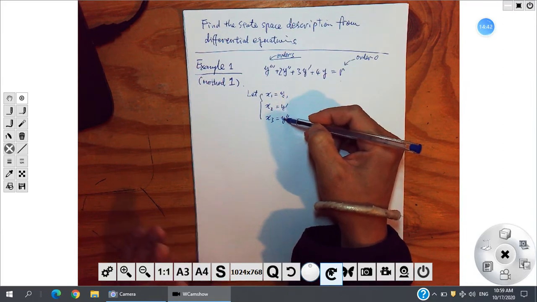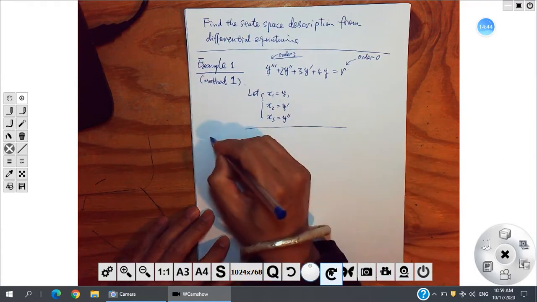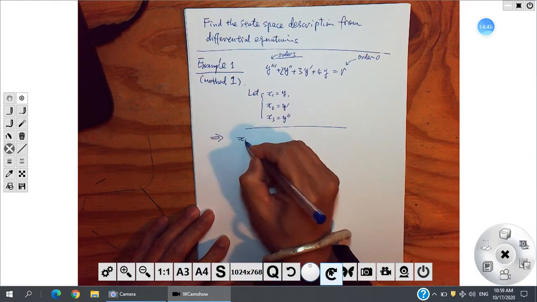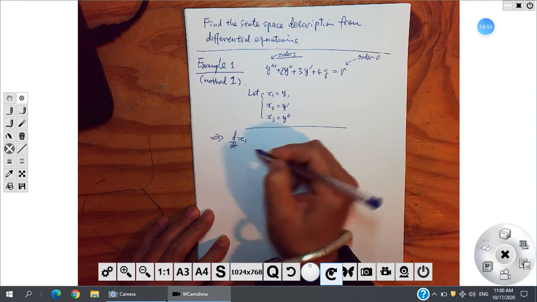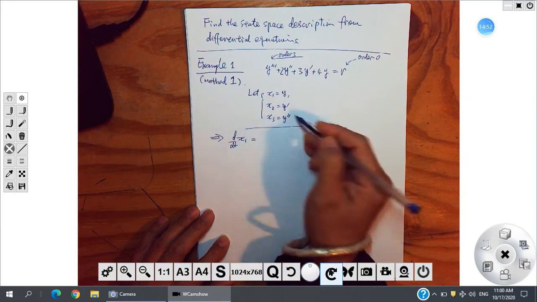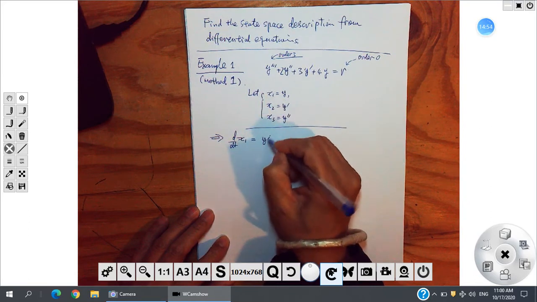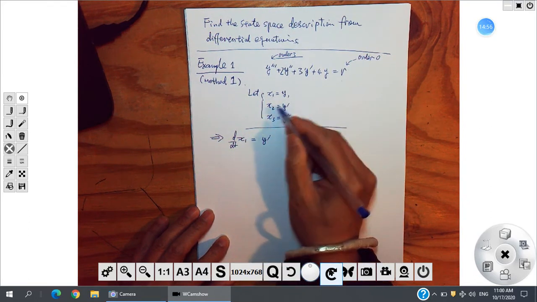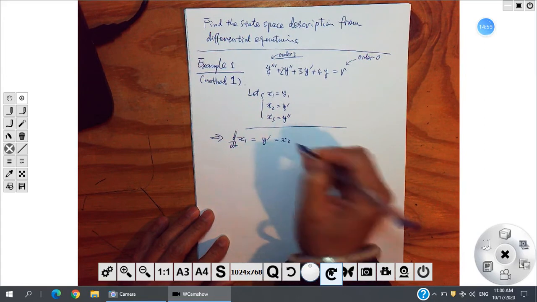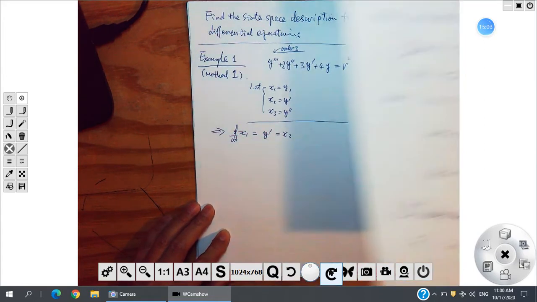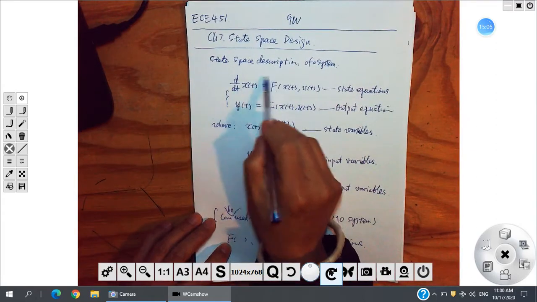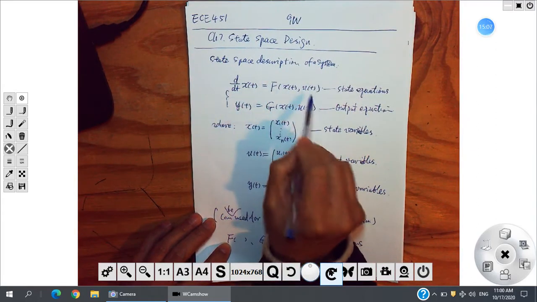That's it. Okay. Then we take the derivative of x1. x1 derivative is just y derivative, right? And y derivative is x2. Okay, so we can compare here. We want to write the system in this form.